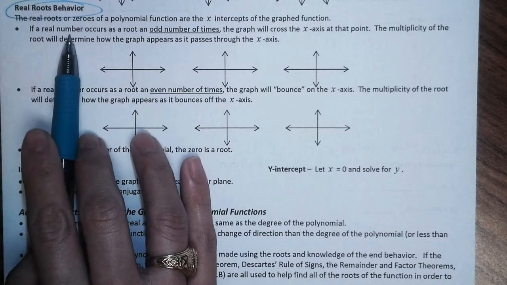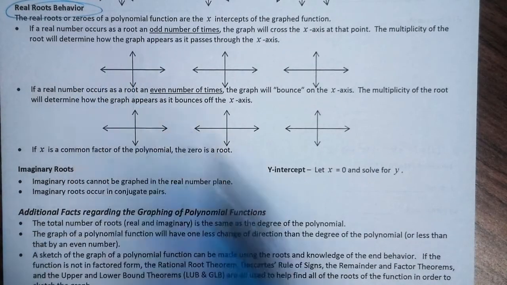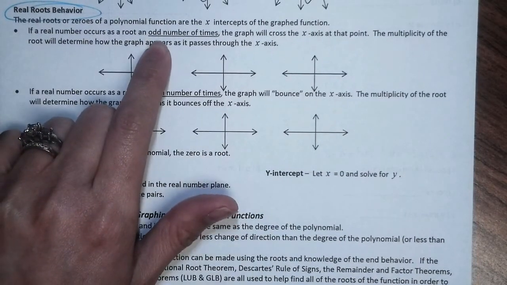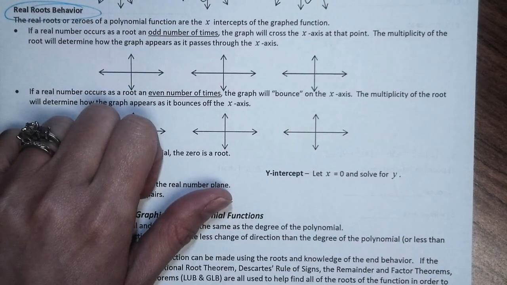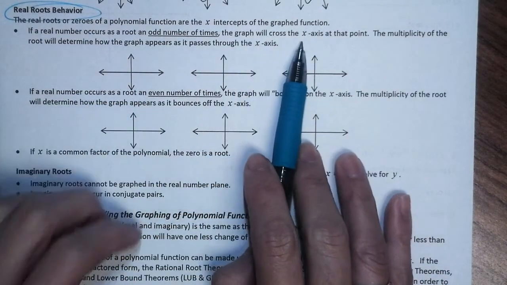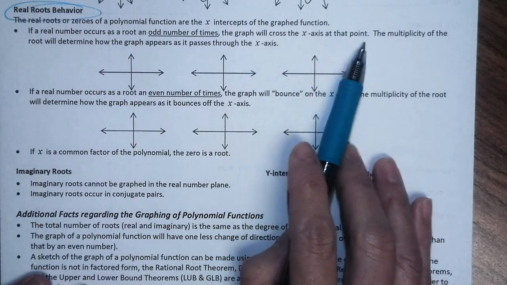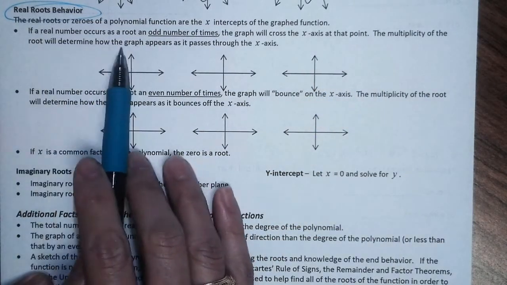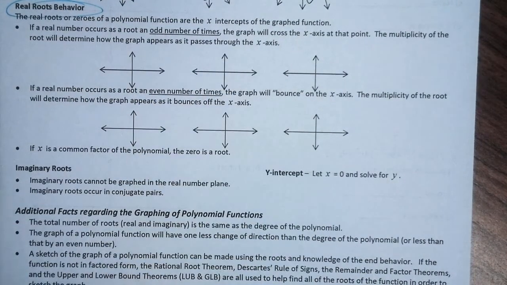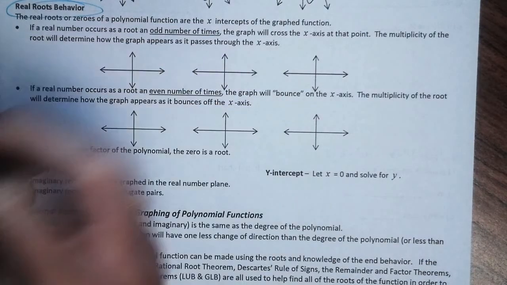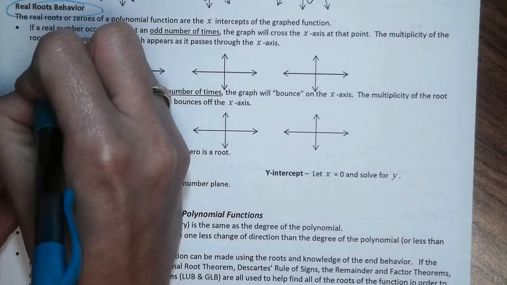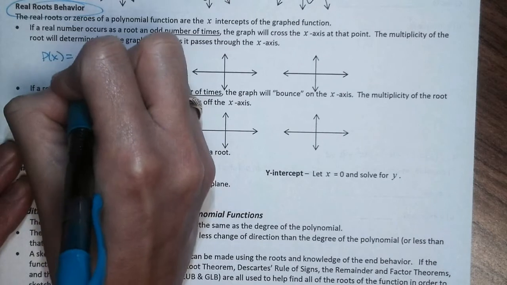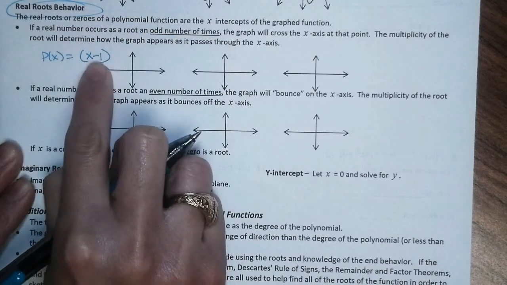If a real root occurs as a root an odd number of times, the graph will cross the x-axis at that point. The multiplicity of the root will determine how the graph appears as it crosses. Okay, so let me try to show you a visual of what that looks like. So pretend that your polynomial has, let's say, an x minus 1.